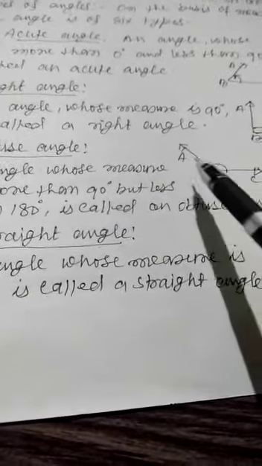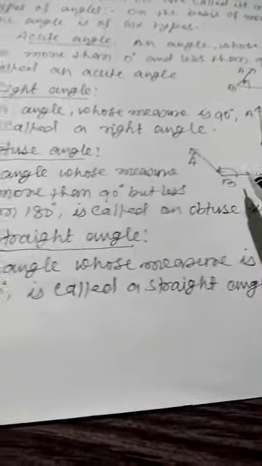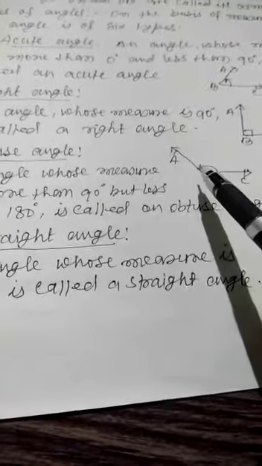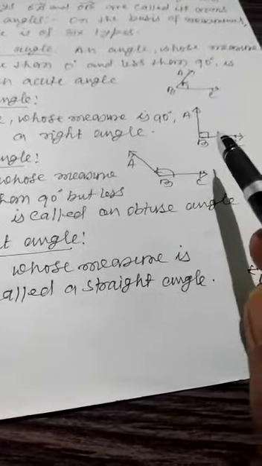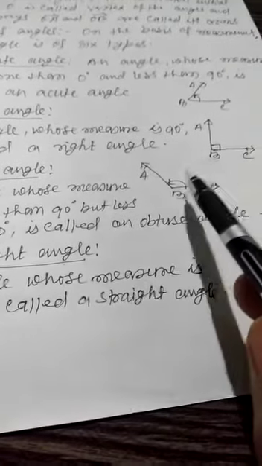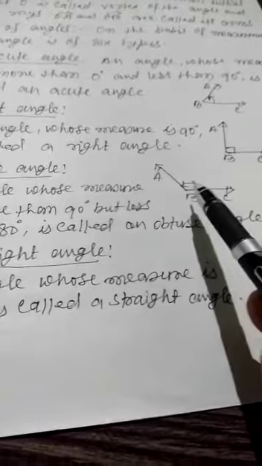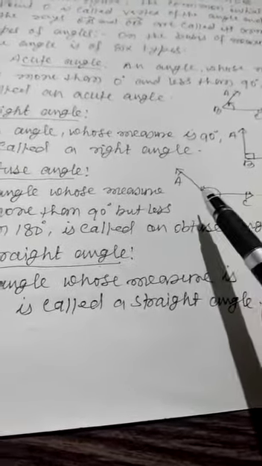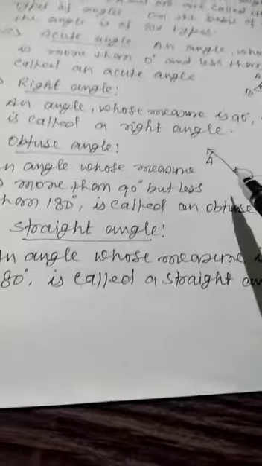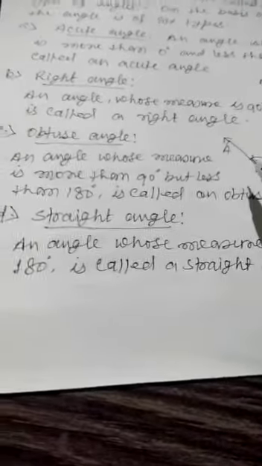You see in the figure, angle ABC. Its measure is more than 90. You can compare this figure with the previous figure. So you can see the measure of angle ABC is more than 90 degree but less than 180 degree. So it is an obtuse angle.